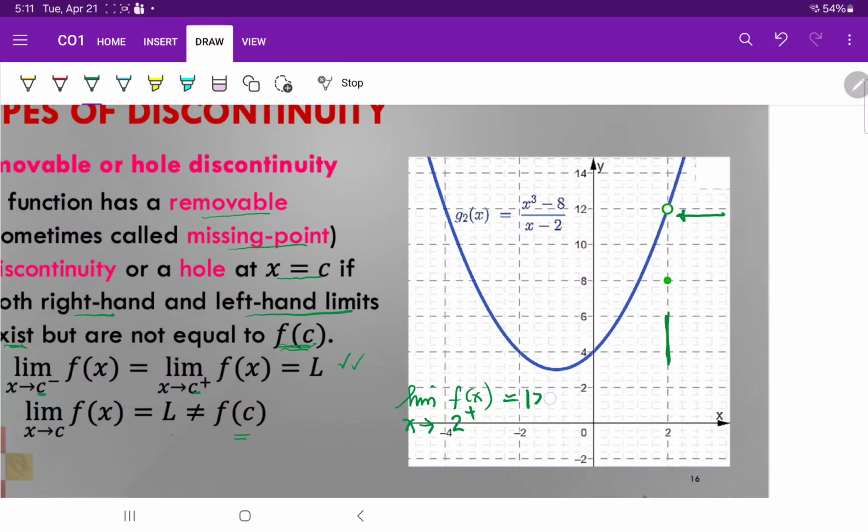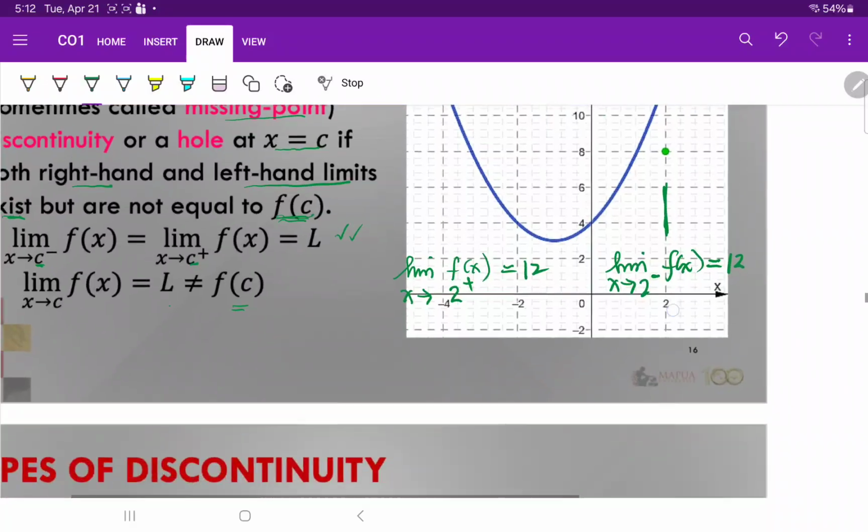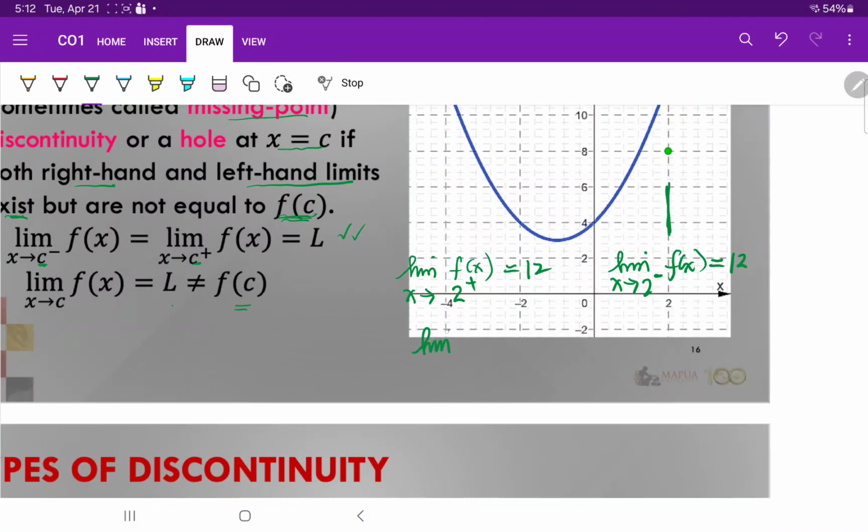It's equal to 12. Now, the limit of f of x as x approaches 2 coming from the left is also 12. So we say that the two-sided limit exists and is equal to 12. But how about f of 2?